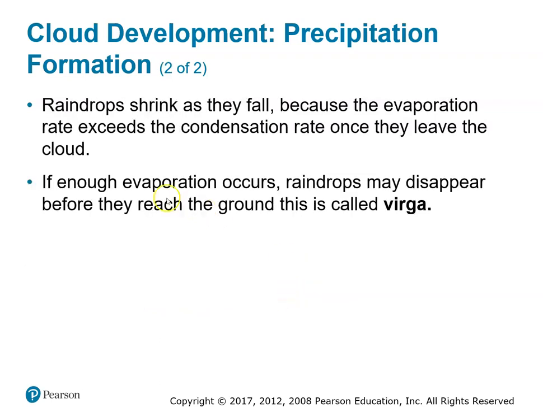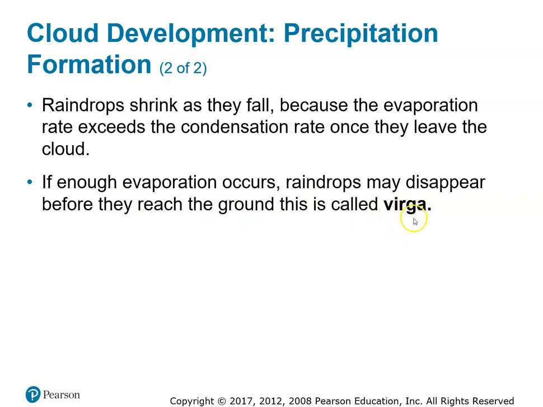All right. Let's see. Raindrops shrink as they fall, because the evaporation rate can exceed the condensation rate once it leaves the cloud. If enough evaporation occurs, the raindrop will disappear before it reaches the ground, and meteorologists have a term for that.